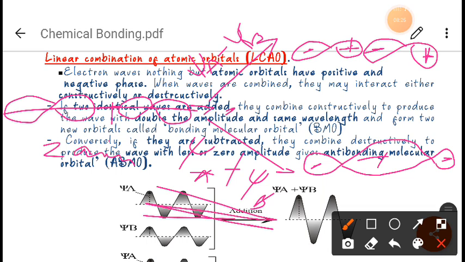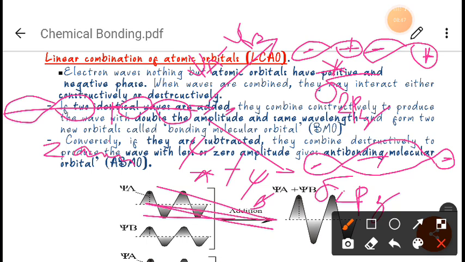So this is called what? Sigma star 2pz. And this is called sigma 2pz. I hope you have understood this, right?